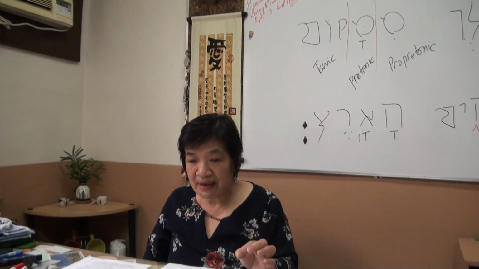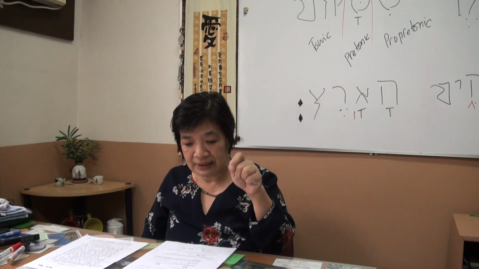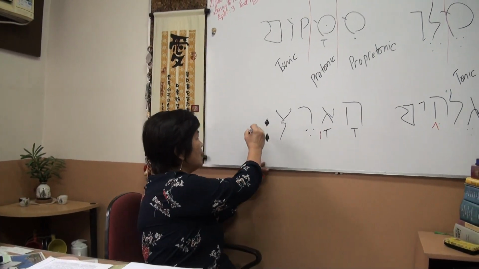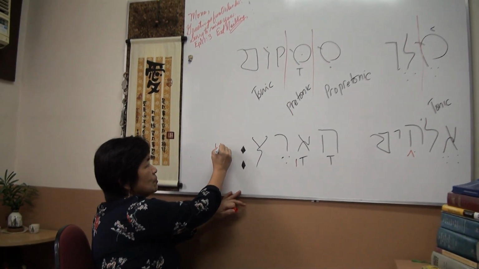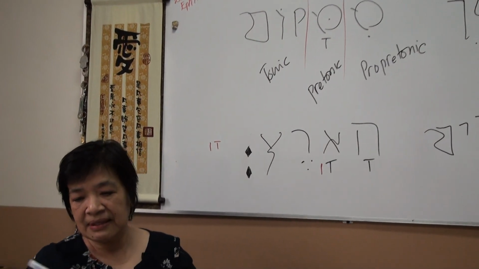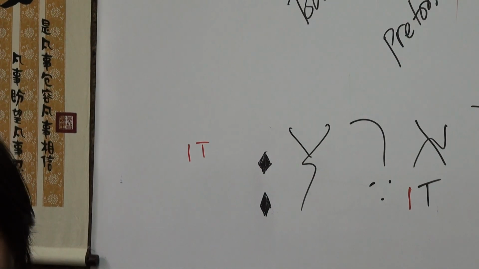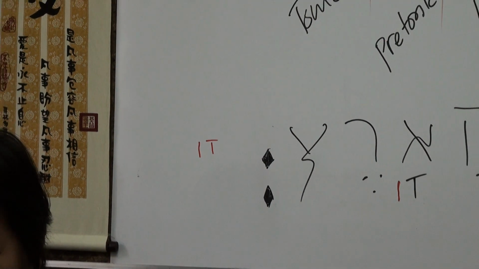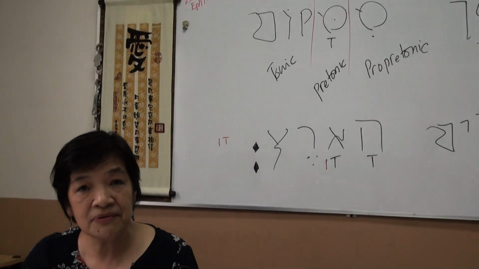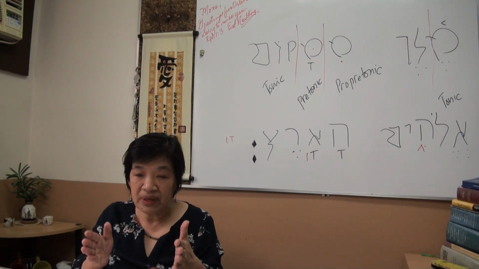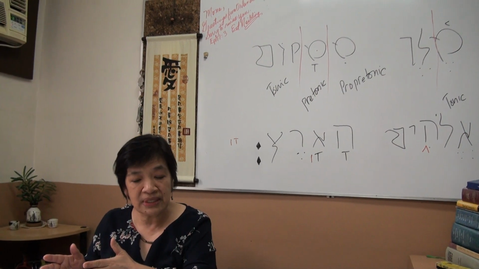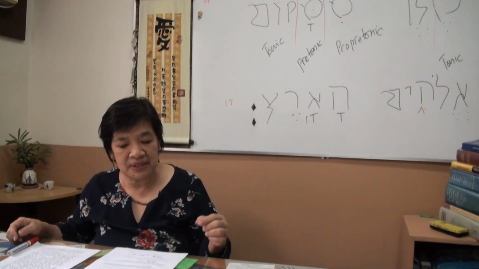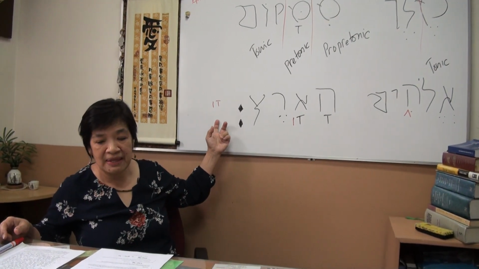But without the metheg, the bridle, the vertical line in there, it can be pronounced as okla. Without metheg, the vowel is a short O and the word is divided as okla, which means food. So it distinguishes a verb from a noun. A and O are distinguished because of the presence of the metheg.